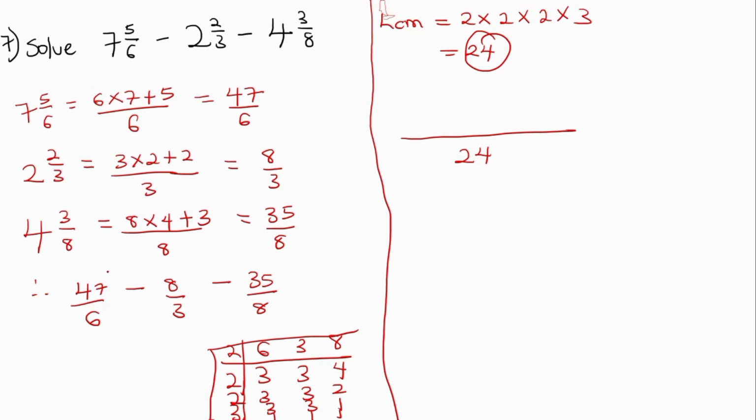And 4 times 47. Alright, let's simply write out our fraction right here that we are solving. We have 47 over 6 minus 8 over 3 minus 35 over 8.